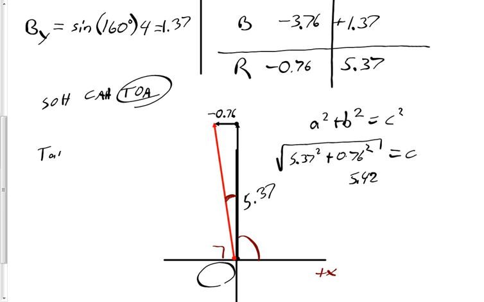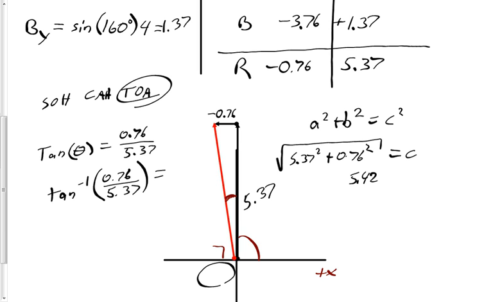I have the opposite and adjacent, and I want to find the angle. So that means that the tangent of angle theta is equal to the opposite, which in this case is 0.76, divided by the adjacent side, which in this case is the 5.37. I now want to find the angle. So if I take the inverse tangent of each side, I will get this, that the inverse tangent of 0.76 divided by 5.37 gives me the angle theta.